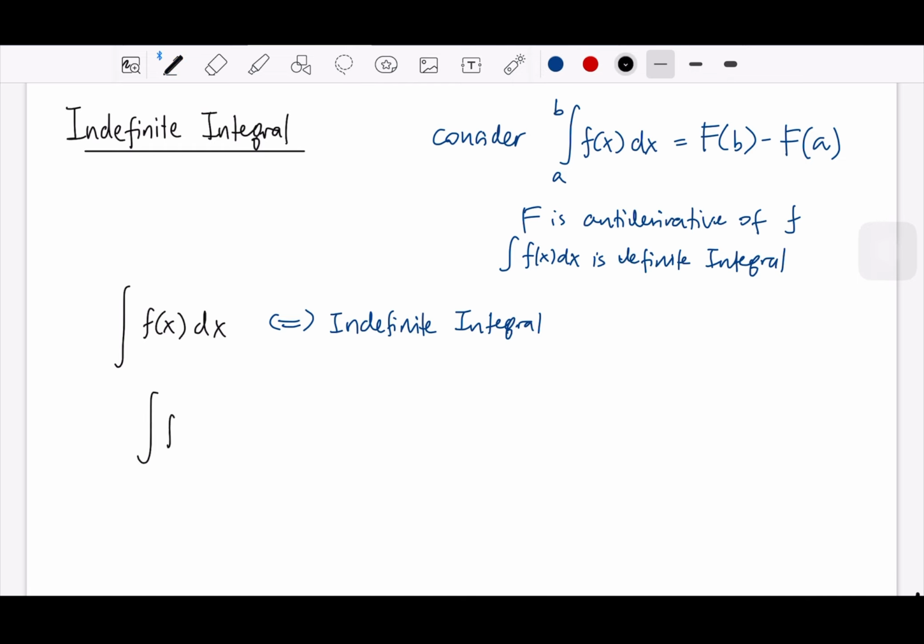So this means the integral of f of x dx is equal to the antiderivative, and it means that if we differentiate the antiderivative, it will convert back to the original equation.